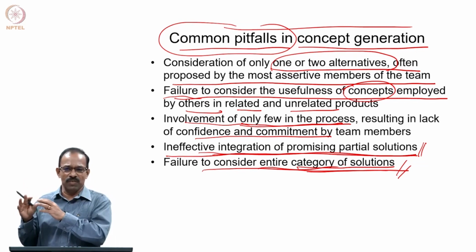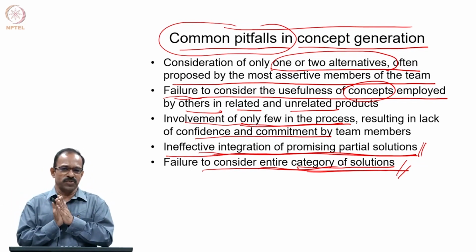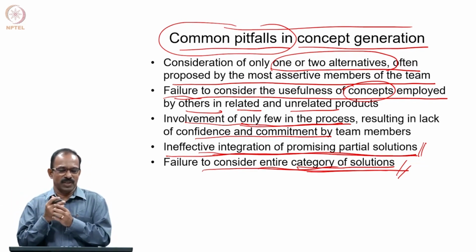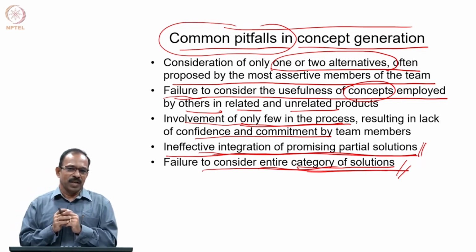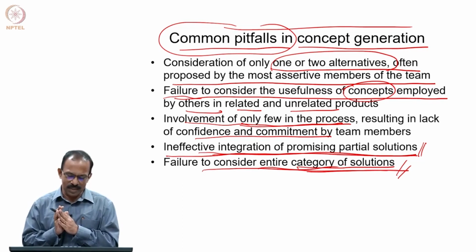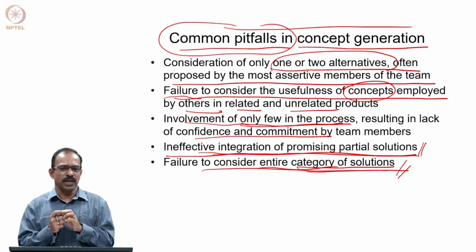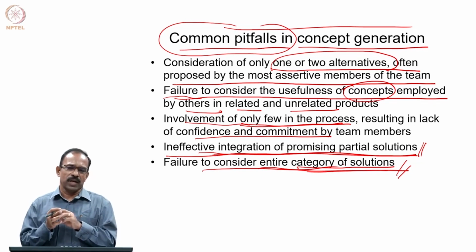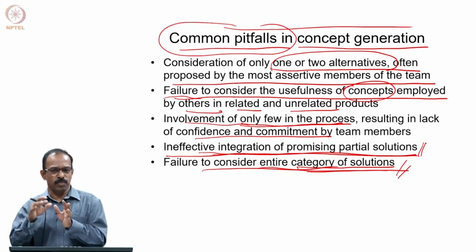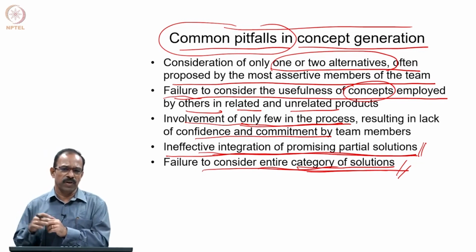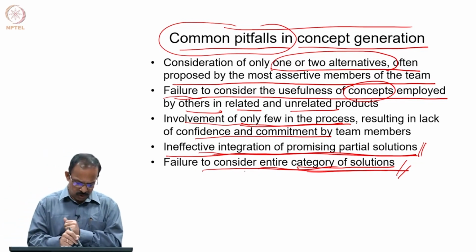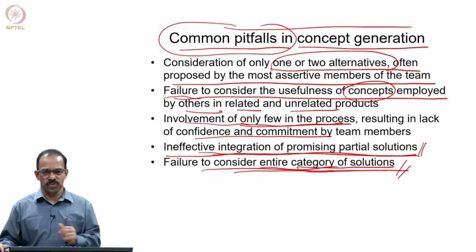An electronics person will always talk about electronics-based solutions, a software person will talk about software-based solutions. So, we need to look at all these categories and see whether we can combine them or use them properly to get the solution. If you do not consider a particular category, we are missing out on an opportunity to have a better solution. So, try to consider the entire category of solutions.